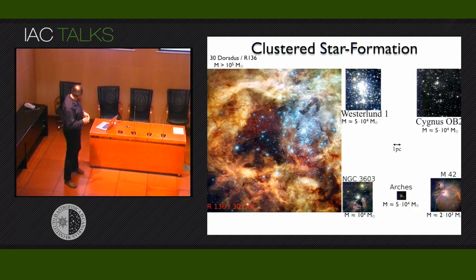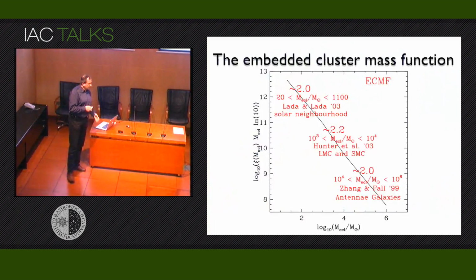And again, here we come back to clustered star formation, and we see a large range in masses, as I've said before, but these masses are not random. There's also a cluster mass function. Clusters are born in a range of masses which are very well described by a power law.